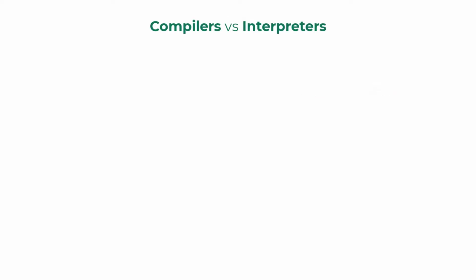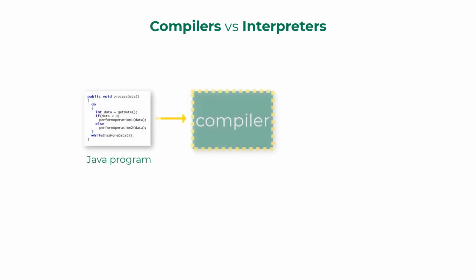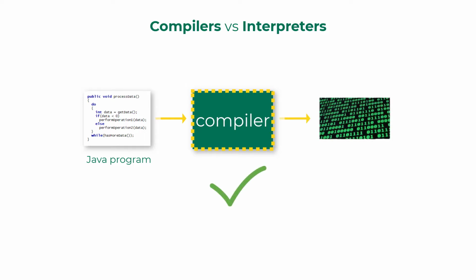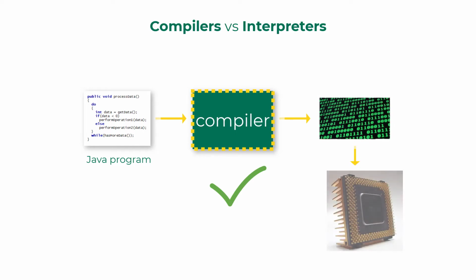There are a few differences in the way the code is translated into machine code in high-level languages. For instance, Java uses a compiler to translate code to machine language. When there are no syntax errors, the compiler creates the machine code, which can be directly executed by the CPU.